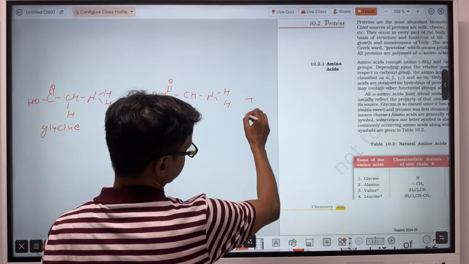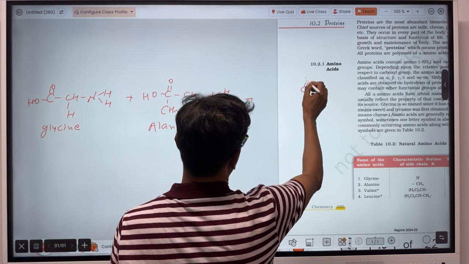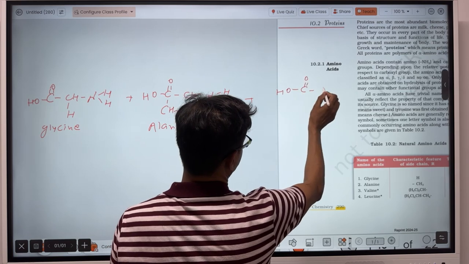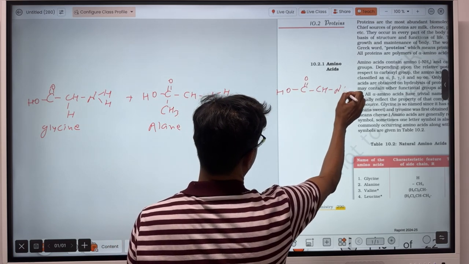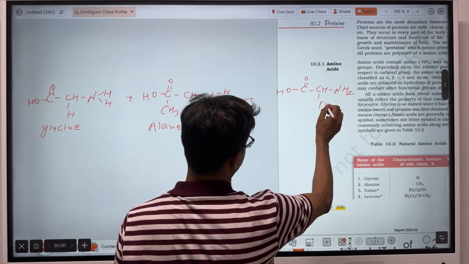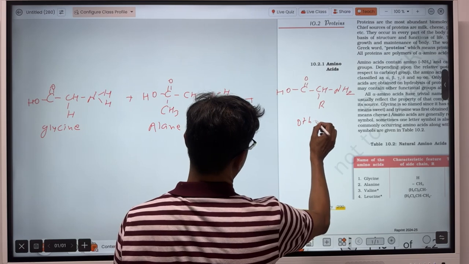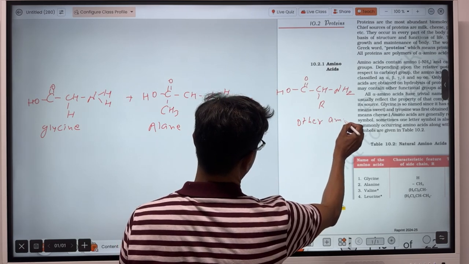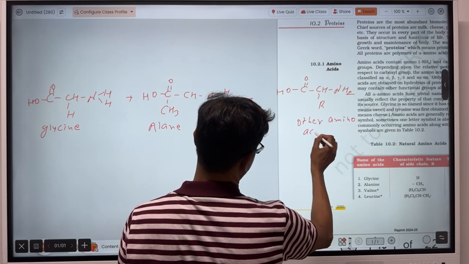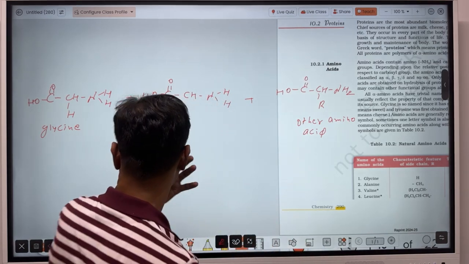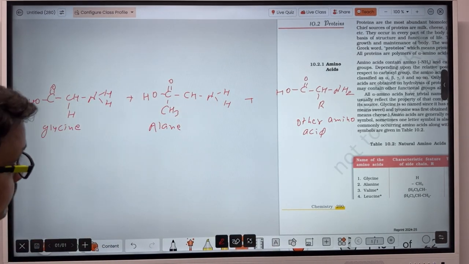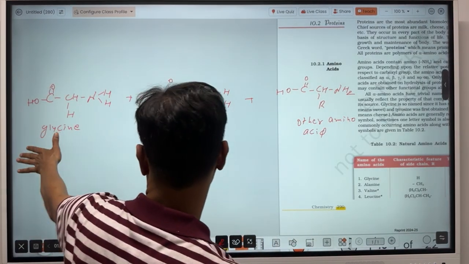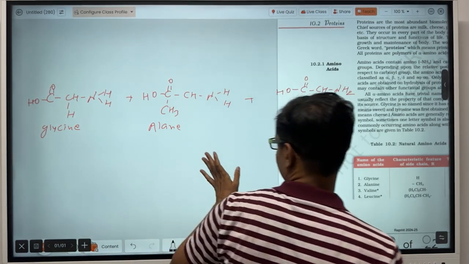Any other protein like that? Not necessarily glycine and alanine only.